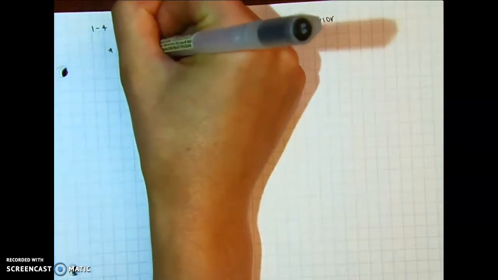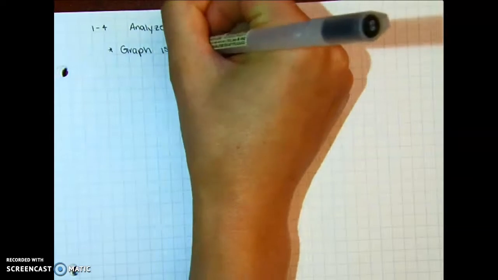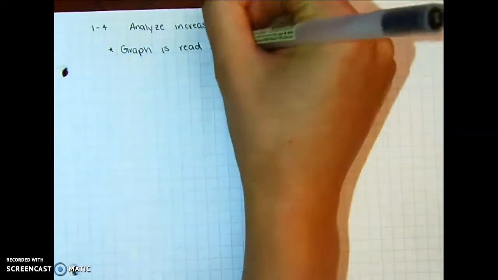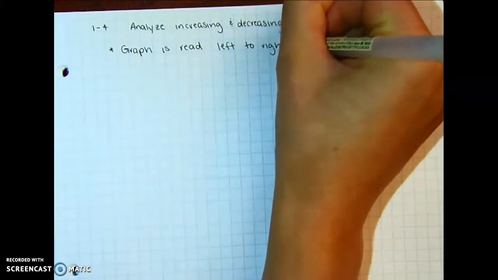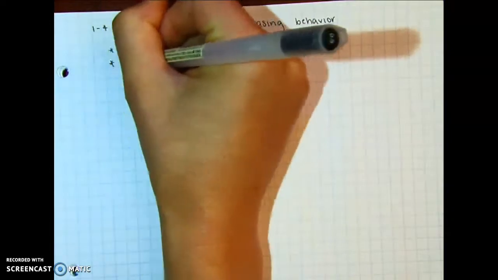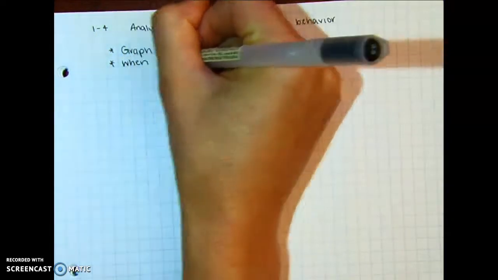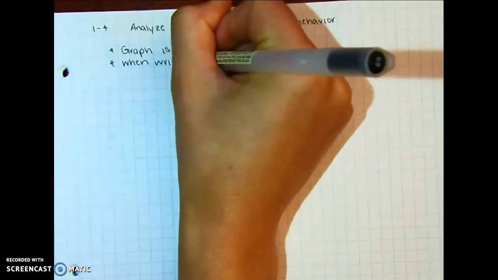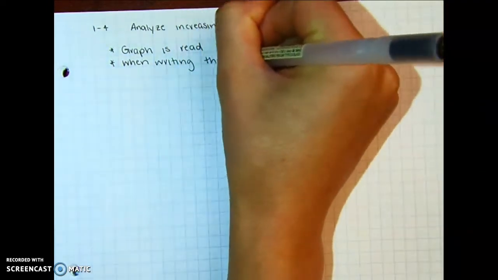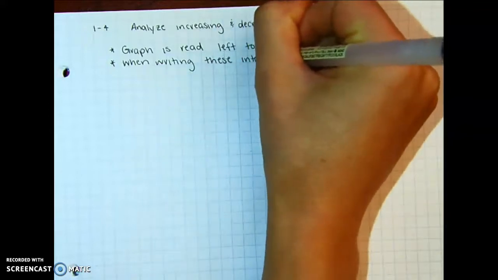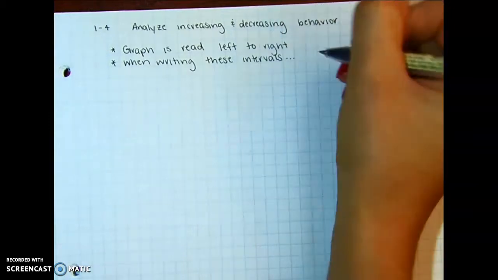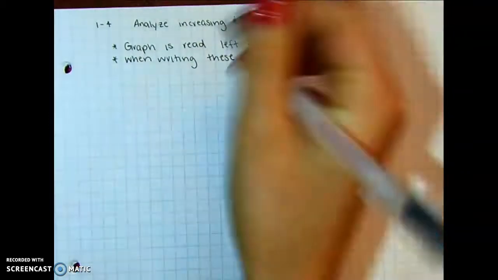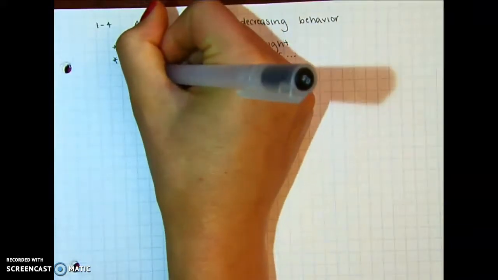So first of all, a couple things to remember: a graph is read left to right. When writing these intervals, you need to go from left to right, obviously, so low to high.